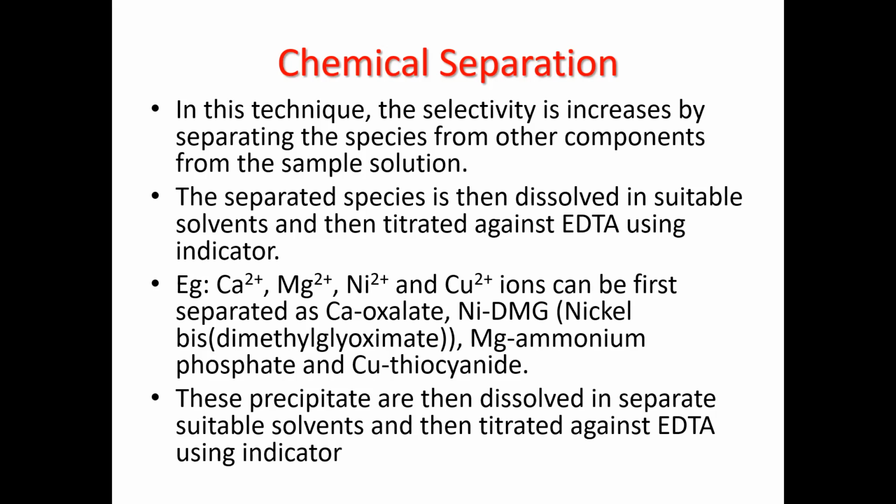So you first form a precipitate of either an oxalate, dimethylglyoximate, or ammonium phosphate. Then the precipitate is dissolved and later titrated against EDTA using an indicator.